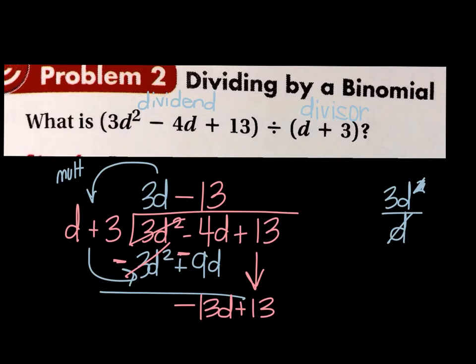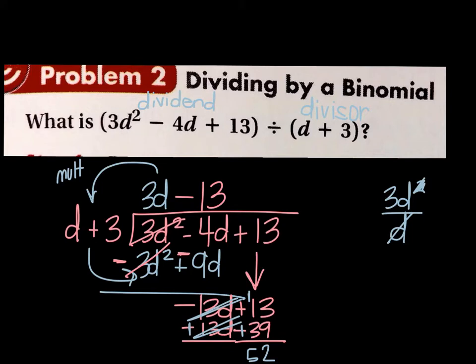So negative 13 times d is going to be negative 13d minus 13. Not 13, just kidding. 13 times 3 is 39, so it's going to be minus 39. Now you have to subtract, and in this case we're going to add, because when you subtract you add the opposite, and the opposite of that would be plus. That cancels, and I'm left with 13 plus 39, which is going to be 2, carry the 1, is 5, 52.